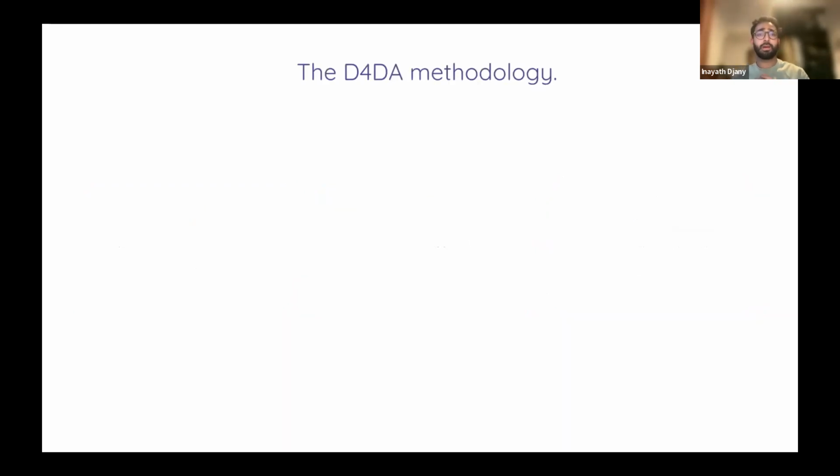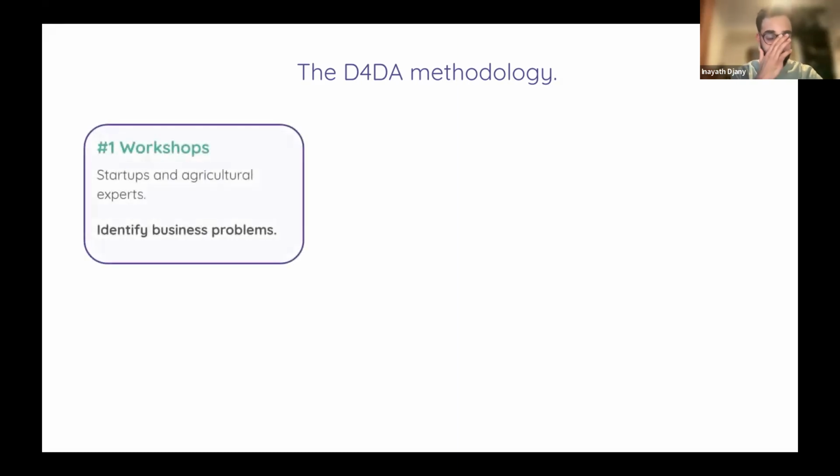How did we come to this hackathon on this project? I'm going to give you the 6 steps on this project that bring us to this hackathon. First of all, we organized workshops between startups, agricultural experts, farmers. We bring together all these people to identify business problems that can be solved with data science.